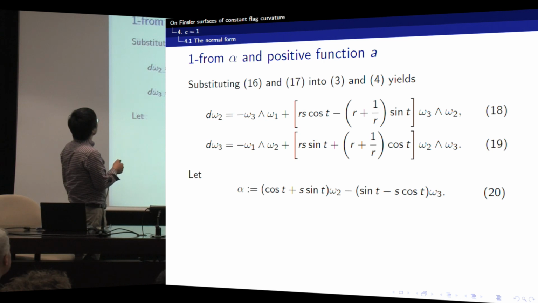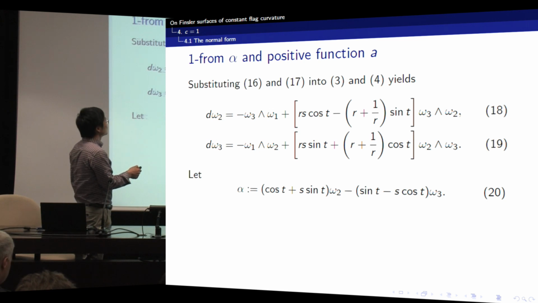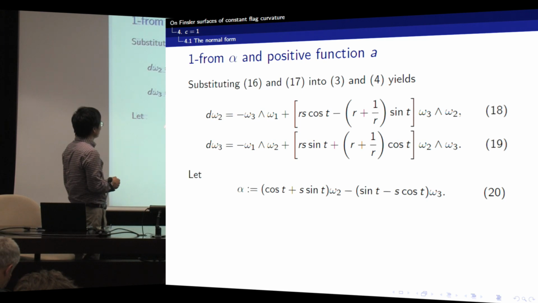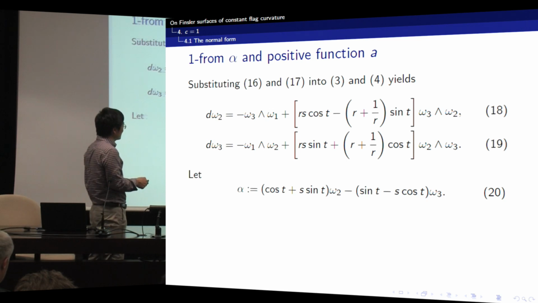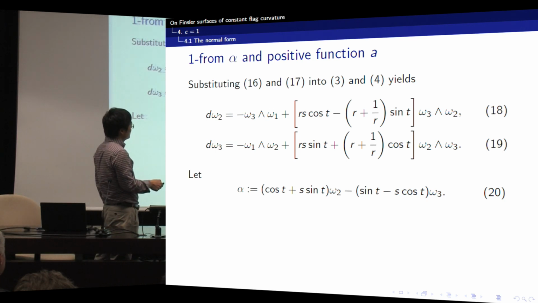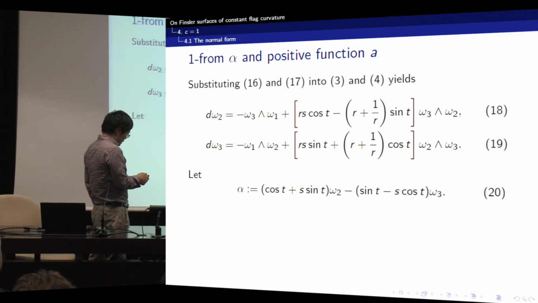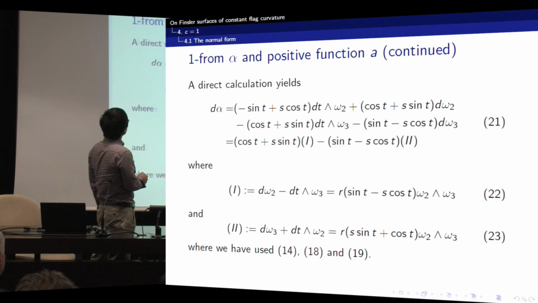Now we will find a one-form alpha and a positive function a. Substituting 16 and 17 into 3 and 4 yields these two equations. Now we define the one-form alpha, which is equal to cosine t plus s sine t omega 2 minus sine t minus s cosine t omega 3. We can show alpha is a closed form. In direct calculation, d alpha equals this one.